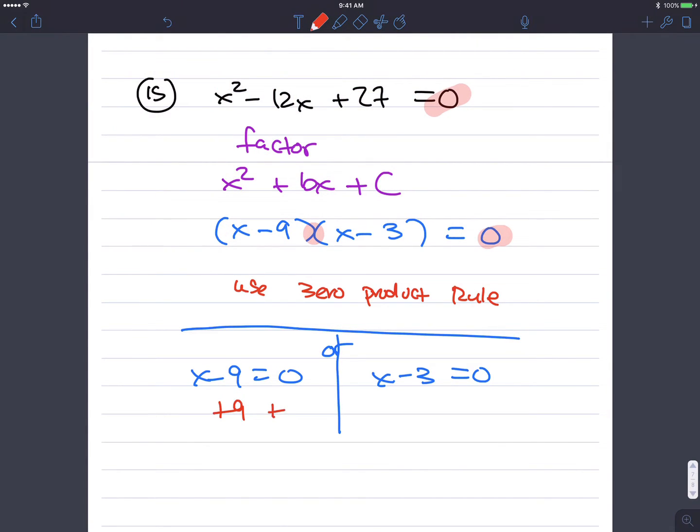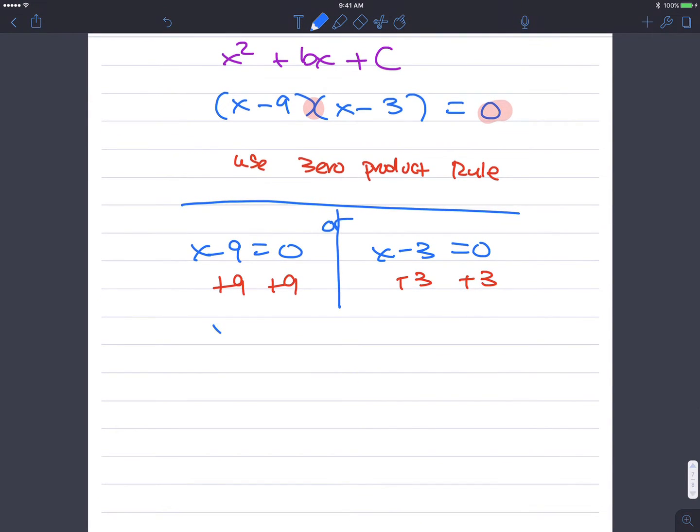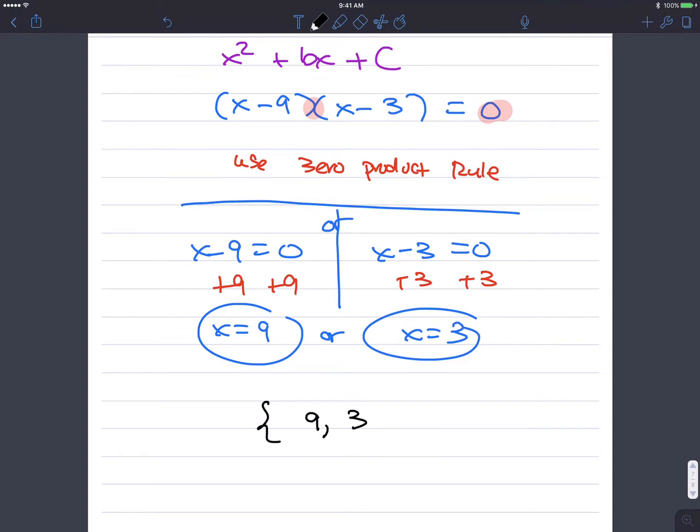Add the 9. Add the 3. X is positive 9, or x is positive 3. What's the solution set? 9 and 3. Good job.